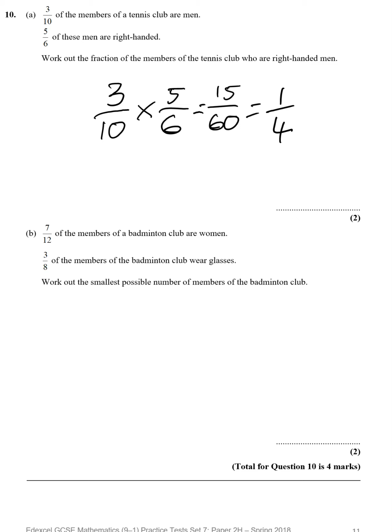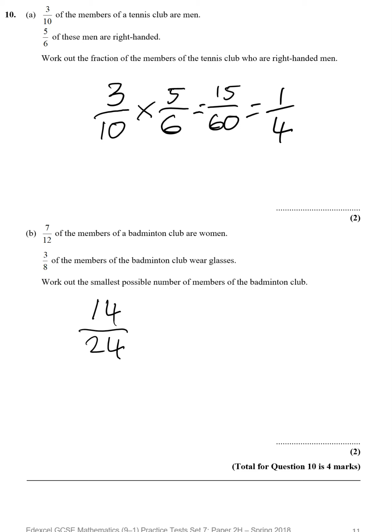So absolutely fine. Now, 7/12 of the members of the badminton club are women. 3/8 of the members of the badminton club wear glasses. Work out the smallest possible number. Right. So what we really want is to get a common denominator. So if we've got 8 and 12, we could do 14/24. So basically 14 women out of 24 total members.